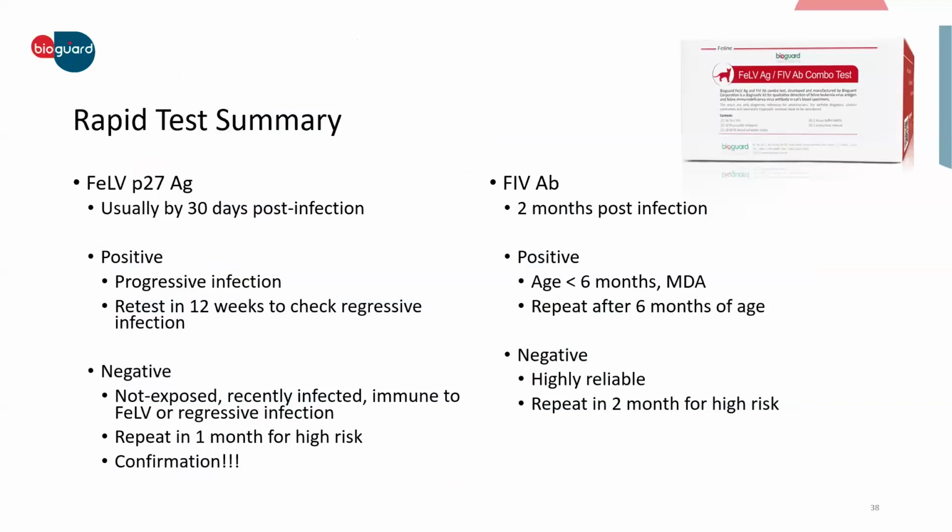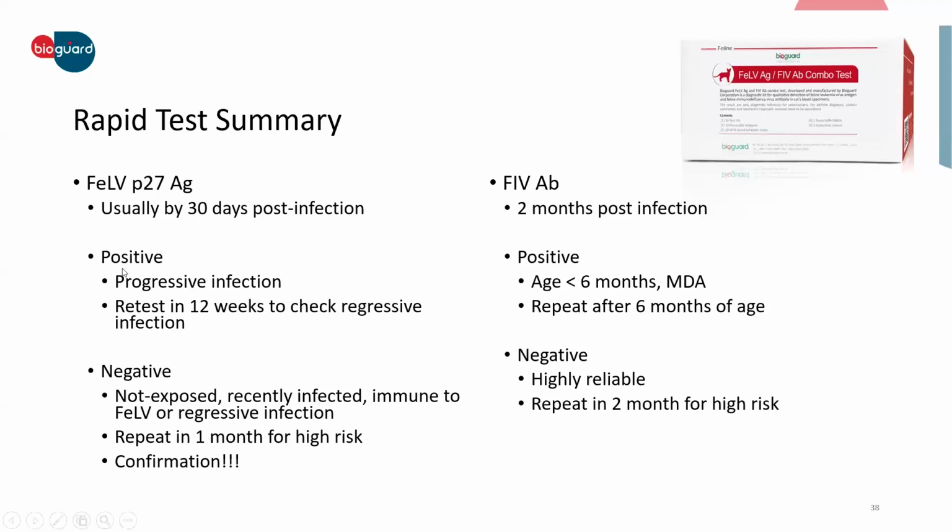So let's make a summary for the rapid test of FeLV and FIV infection, since the rapid test is a very commonly used diagnostic tool for FeLV and FIV diagnosis in the clinic. For FeLV, it detects the P27 antigen, and it usually needs 30 days post-infection.